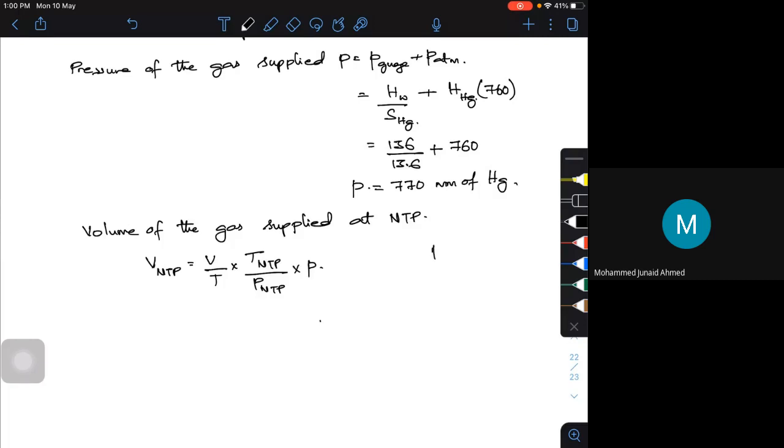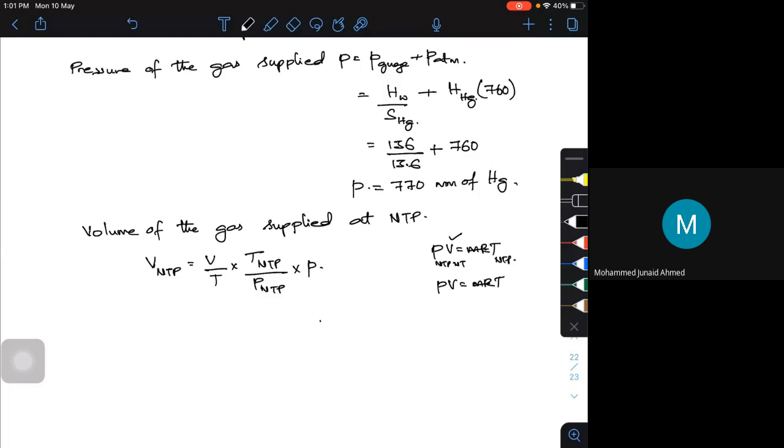This is the thing I am trying to do. PV is equal to MRT. I am trying to use P at NTP, V at NTP, and T at NTP to find the volume of the gas at NTP. So just do a little bit of cross multiplication. MR will just go out.